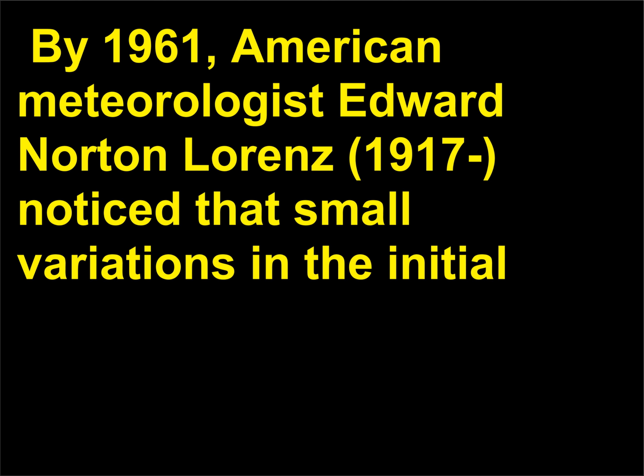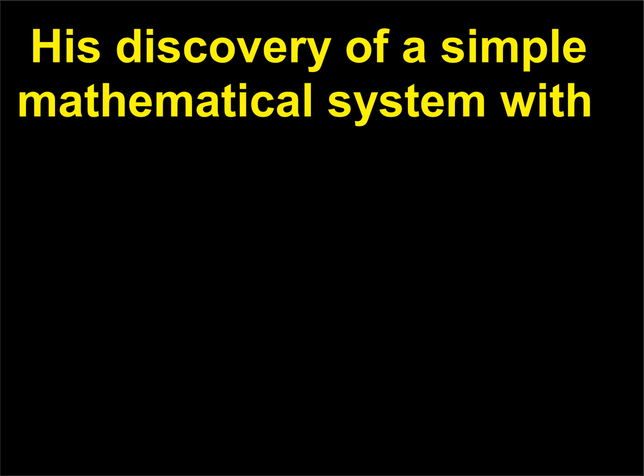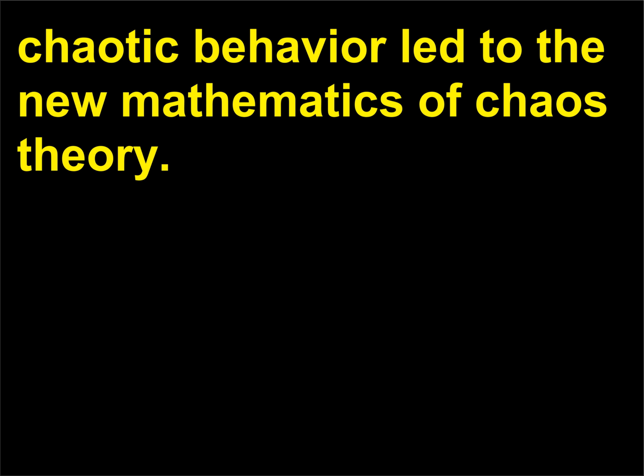By 1961, American meteorologist Edward Norton Lorenz, 1917, noticed that small variations in the initial values of variables in his primitive computer weather model resulted in major divergent weather patterns. His discovery of a simple mathematical system with chaotic behavior led to the new mathematics of chaos theory.